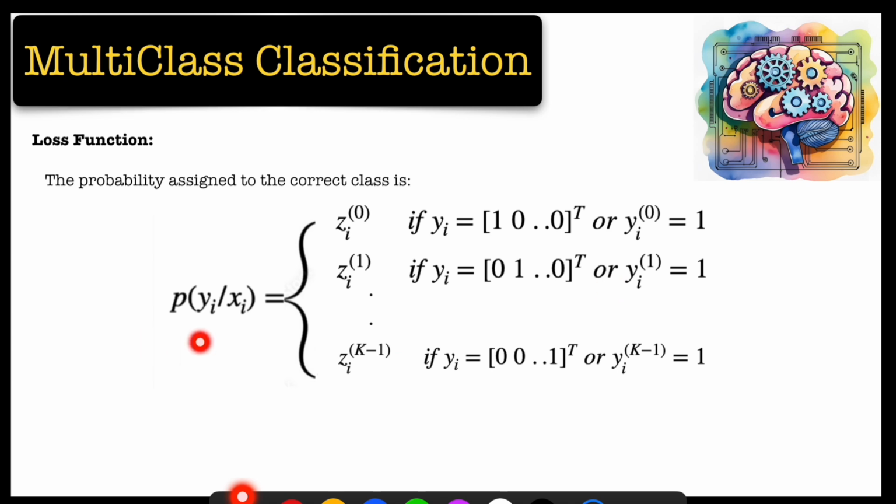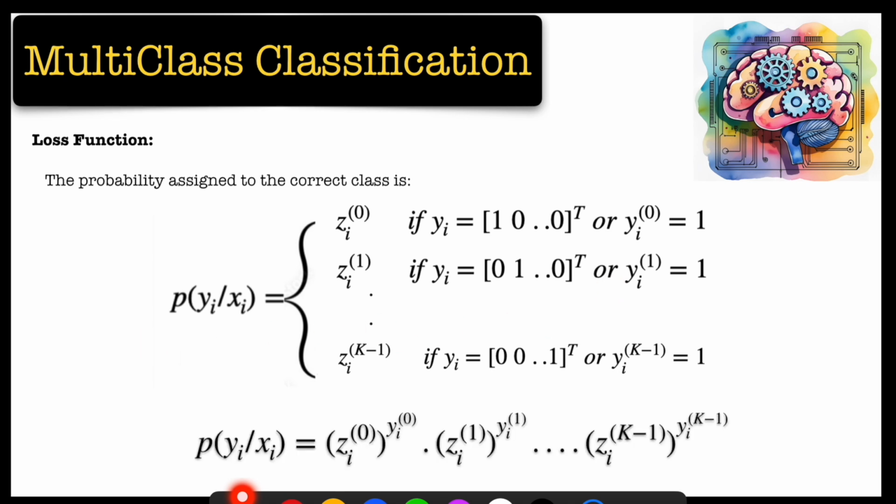Now, we can represent this as a formula. Probability of yi given xi is Zi0 raised to the power yi0, then Zi1 raised to the power yi1, till Zik minus 1 raised to the power yik minus 1.